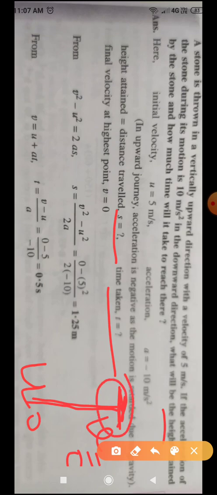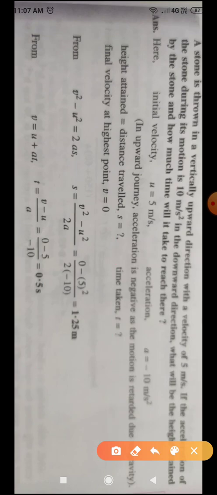At the uppermost part the velocity of the body will always be 0. Every time whenever a body reaches the highest point and then comes down, we consider the velocity of the body as 0, v is equal to 0.